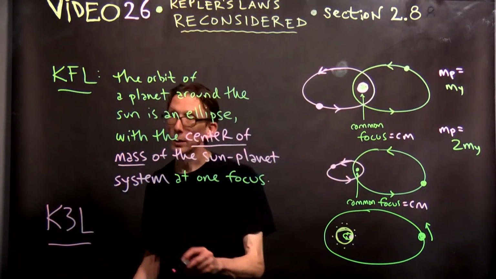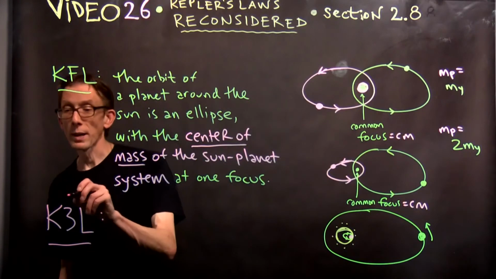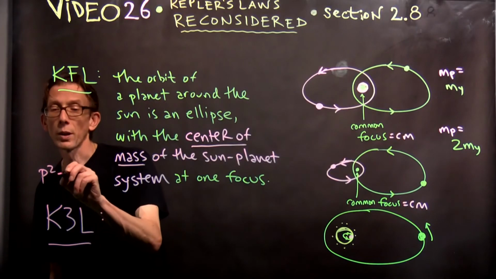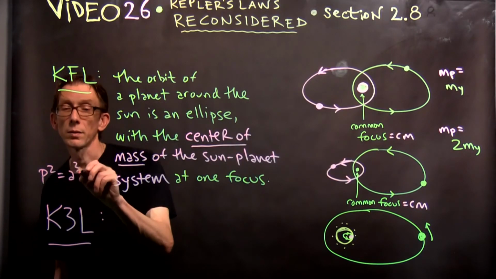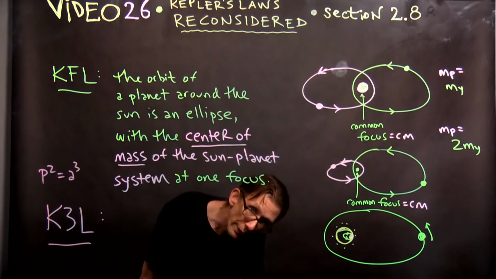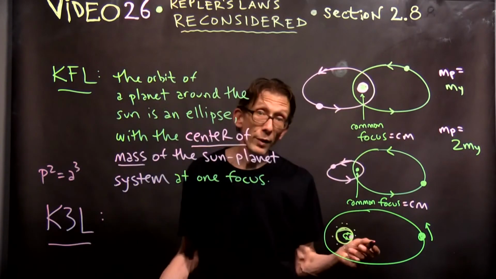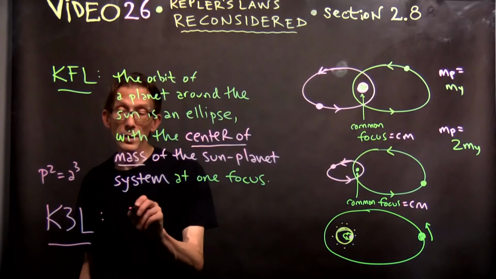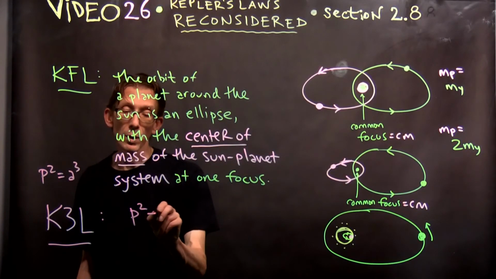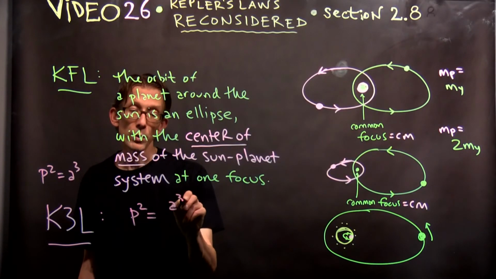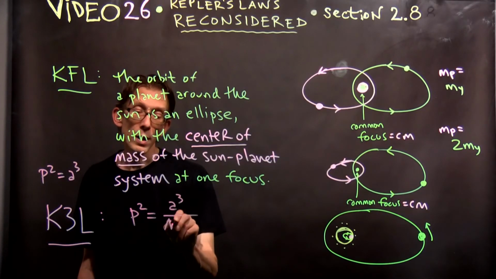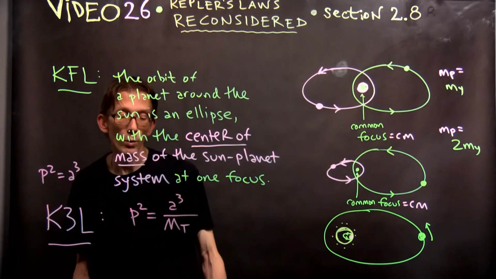Remember before, we had p squared equals a cubed, right? Well, it's been revised because of Newton. It's revised to being p squared equals a cubed over M total.